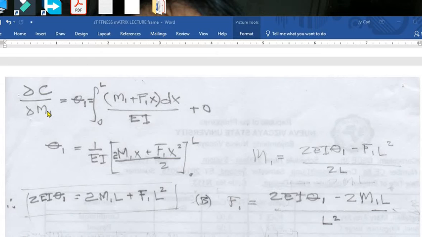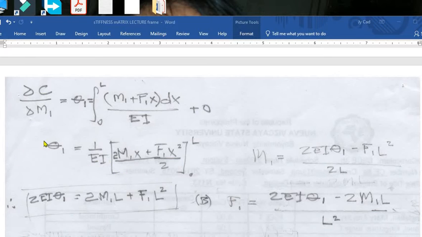Remember that M1, ang displacement na nagmumula sa moment is rotation or yung theta 1, which is now equal to the integral of m1 f1x dx all over ei. And then, integrate natin from 0 to L. Theta 1 now becomes 1 all over ei times the quantity 2m1x plus f1x squared all over 2, ranging from 0 to L. Okay?